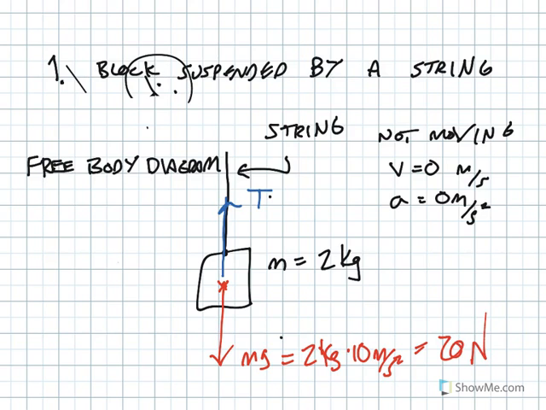Next, you need a coordinate system. Same thing as we've been doing since the beginning of the year, when we talked about motion and kinematics. So usually up is the positive direction and down is considered negative. Next, Newton's second law. Newton's second law says net force equals ma.